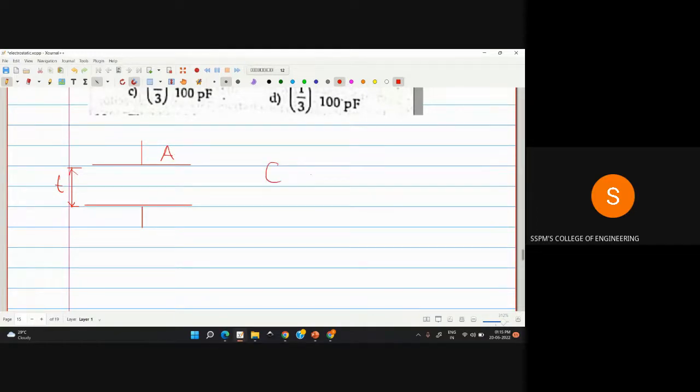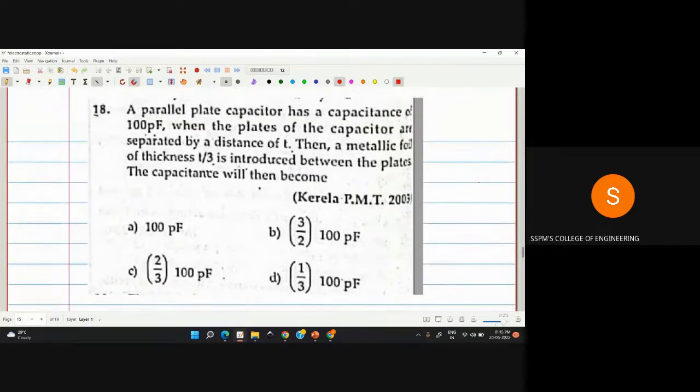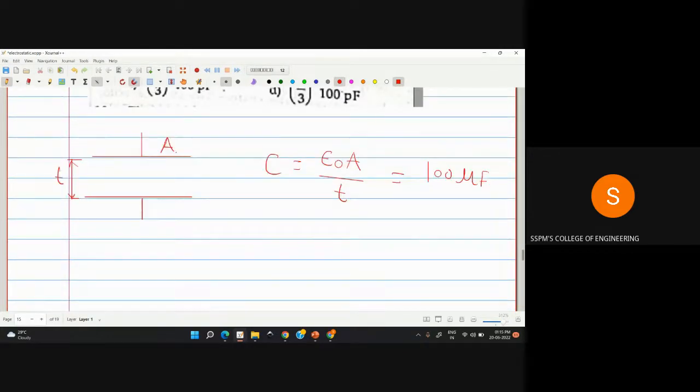So C is equal to काय येणार epsilon 0 A divided by T येणार आणि याची व्हॅल्यू किती आहे 100 मायक्रोफॅरेड आहे. आता नंतर काय केलेलं आहे, then the metallic foil of thickness T by 3 is introduced. म्हणजे काय केलेलं आहे, the thickness between the two plates is increased and total thickness added किती असणार आहे T by 3 असणार आहे.